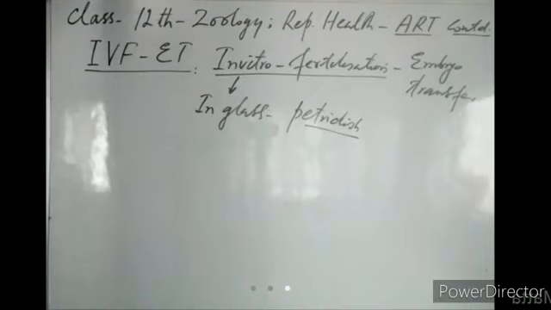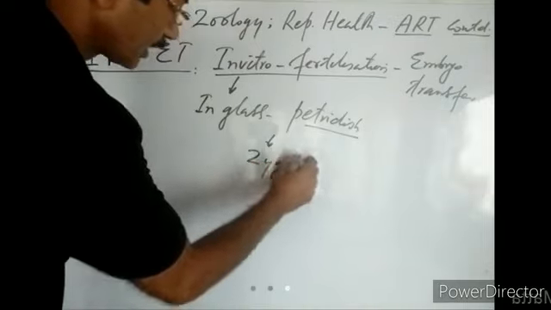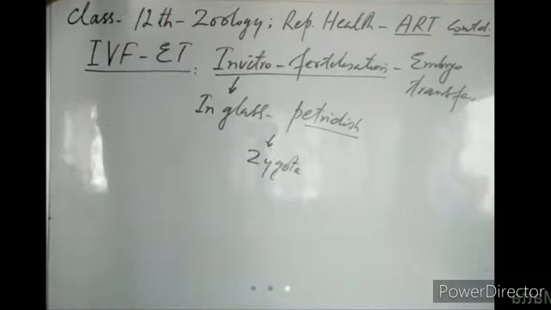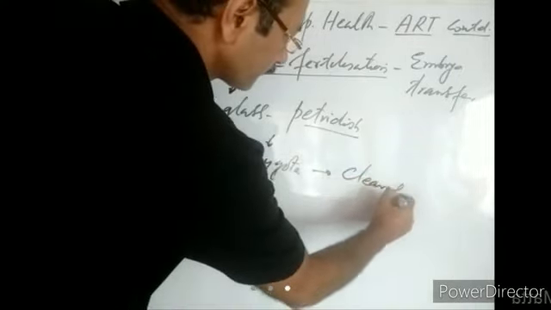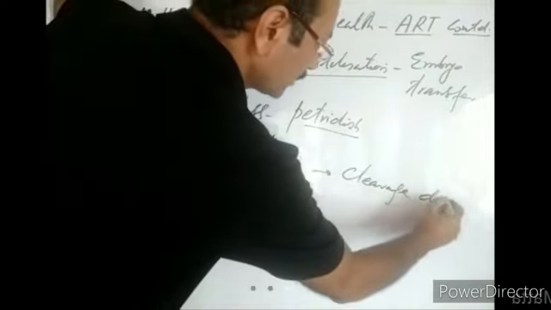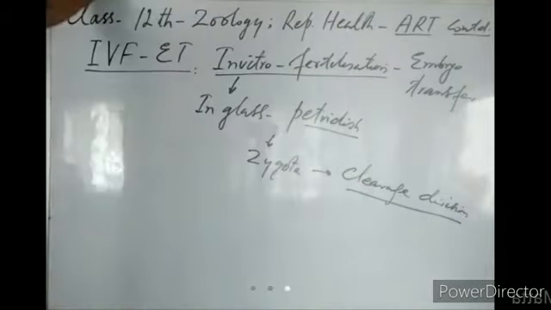After carrying out fertilization in a glass petri dish, a zygote is formed. That zygote is then allowed to go for cleavage divisions, that is, stimulated to divide by cleavage divisions.